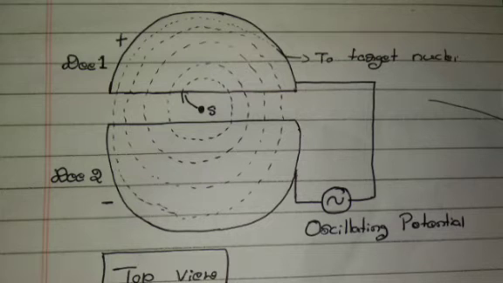The electric field always moves from positive to negative, where D1 has a positive sign and D2 has a negative sign.